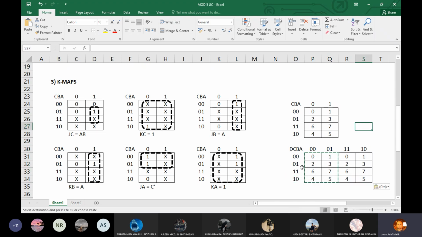So the number is 2, 3, 4, 5, 6, 7, 8, 9, 10, 11, 12, 13, 14, dan 15. So ini kedudukan dia. 0, 1, 2, 3, 4, 5, 6, 7, 8, 9, 10, 11, 12, 13, 14, 15.